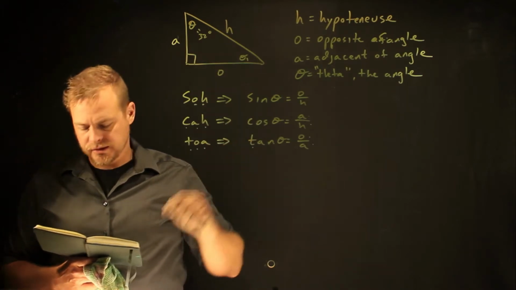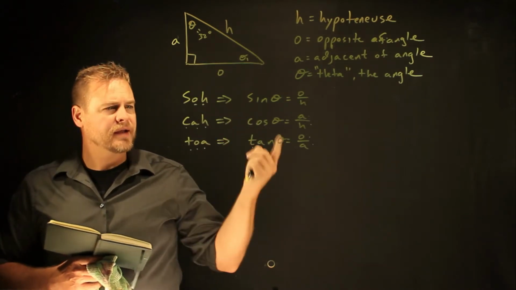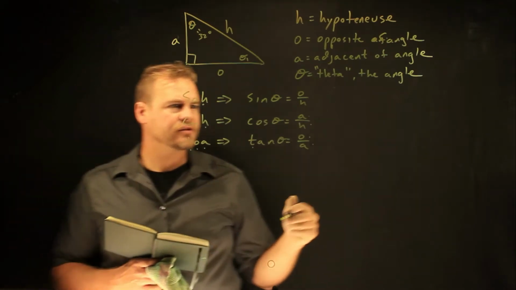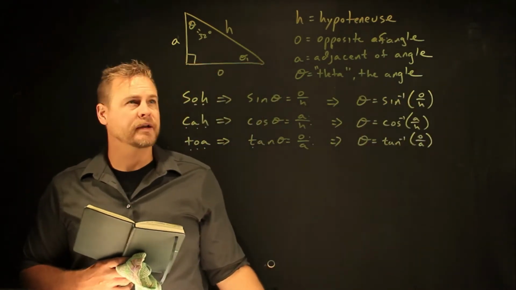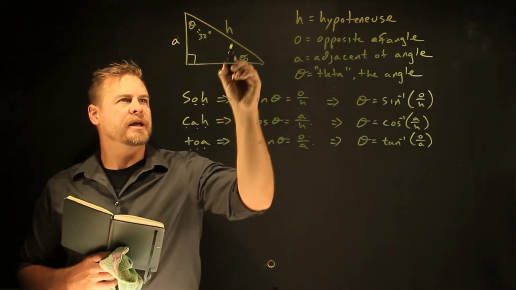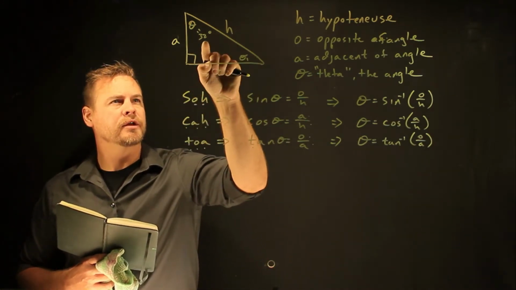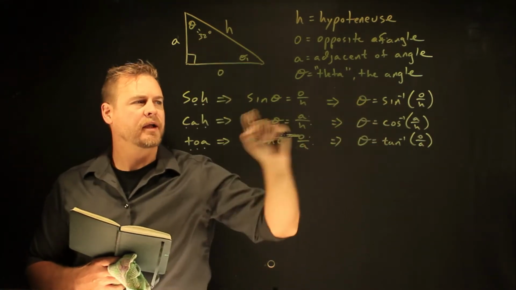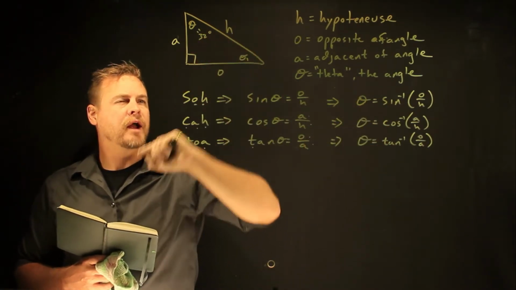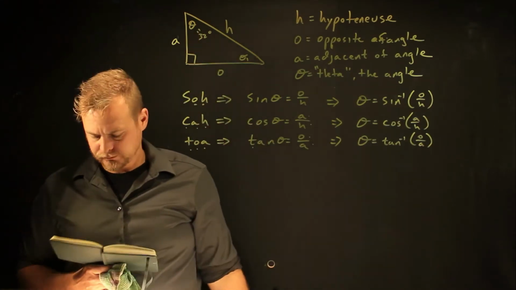We can use this to take the anti-sine, anti-cosine, anti-tangent to solve for an angle. So if I did know the opposite leg and the hypotenuse, I could take the anti-sine of the opposite over hypotenuse and solve for theta.